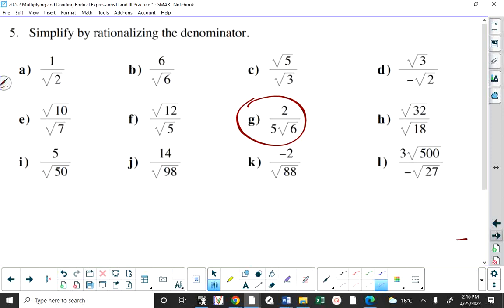Jack? You need to rationalize the denominator by multiplying it by the conjugate. That's Friday. If it's a binomial, it's called the conjugate. We multiply the top and the bottom by the conjugate.